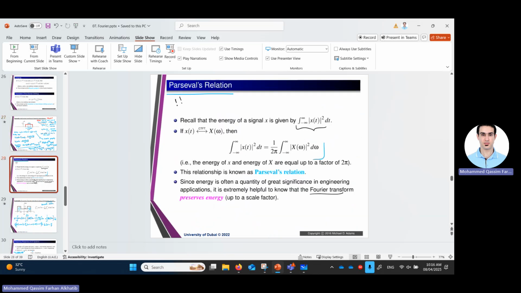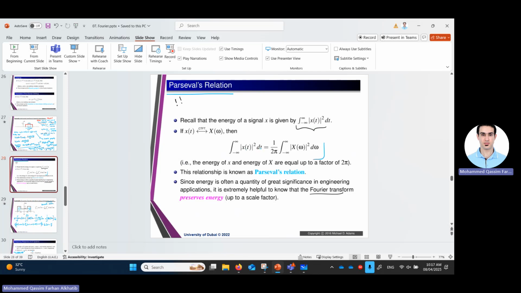All right, there is one of the theorems. It's called Parseval's theorem. Parseval is more related to energy. So it says that the energy of the signal in the time domain equals the energy of the signal in the frequency domain. The energy expression in the time domain is the integration over all time from negative infinity to infinity of the magnitude of x of t squared dt.